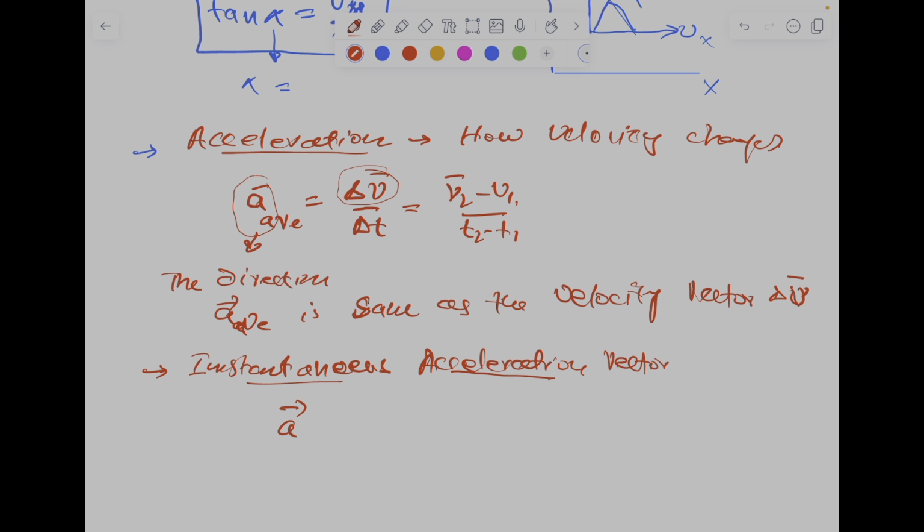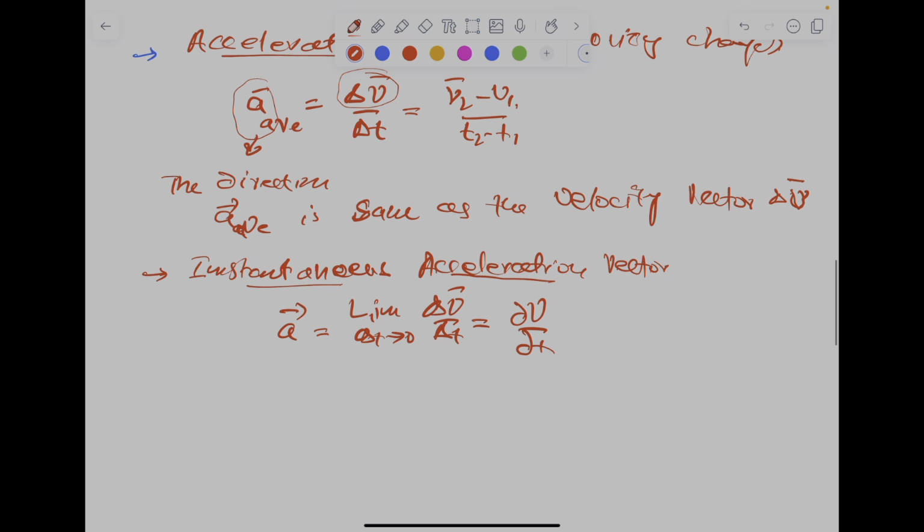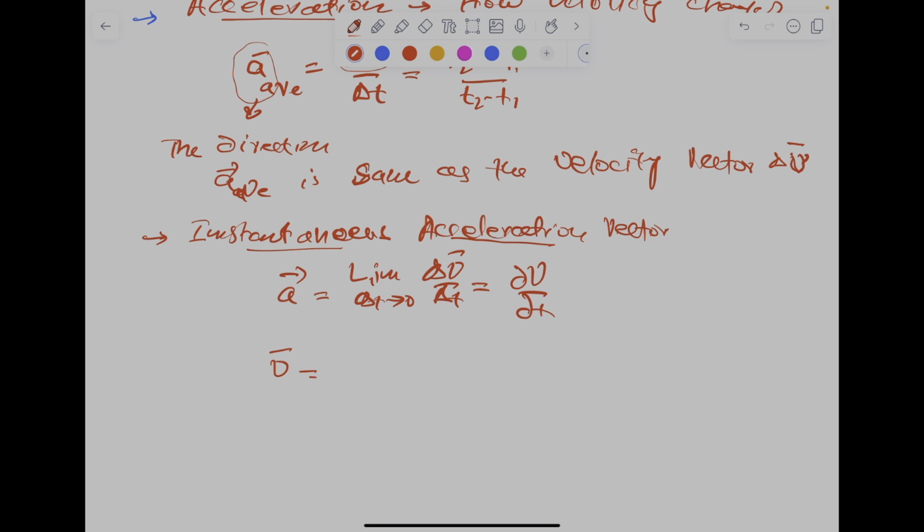It is defined as a, the limit as delta t tends to 0 of del v over del t, which is nothing but dv/dt. And we know that your v vector is vx i, vy j, and vz k.